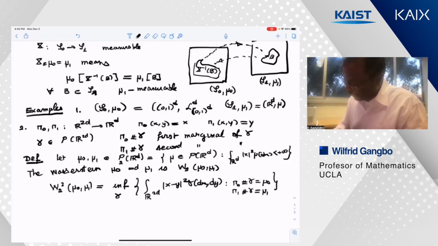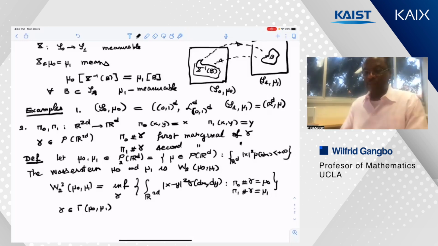And in short, I am going to write that gamma has mu naught and mu 1 as its marginals. I am going to write it that way.